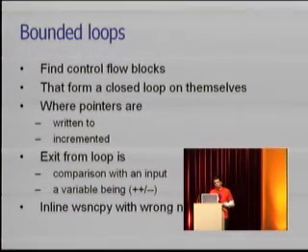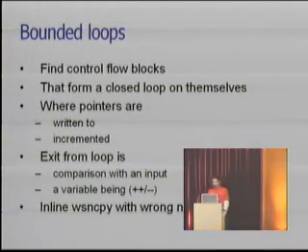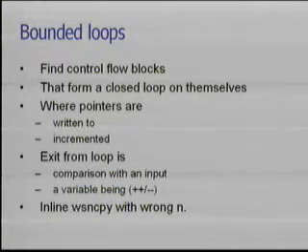So, bounded loops. Bounded loops means that there's some type of condition that's going to stop it, whether it's, let's say, you're saying go through this loop 10 times or whatever. Just because it's bounded doesn't mean it's not vulnerable. There have been lots of vulnerabilities with things like inline wcsncpy, where people think that function from Windows takes the number of bytes, but it takes the number of wide characters.